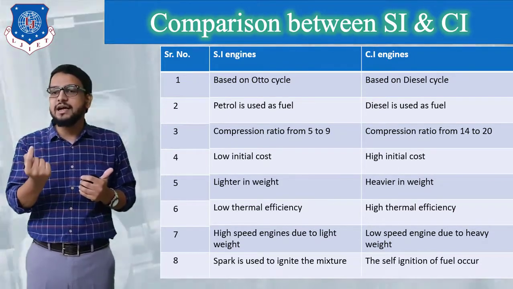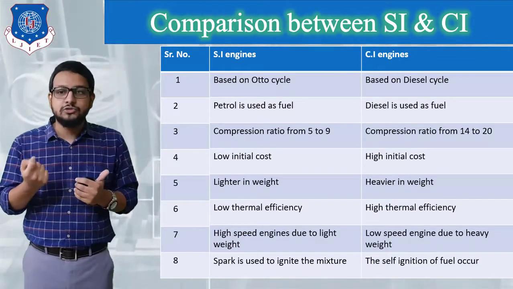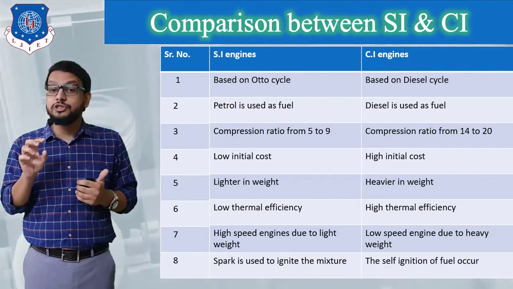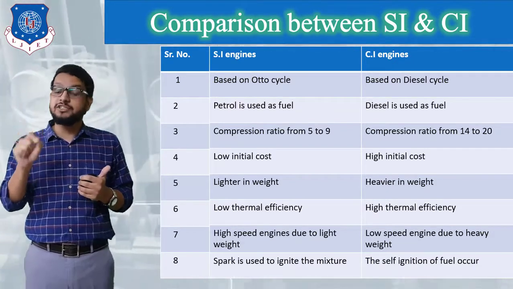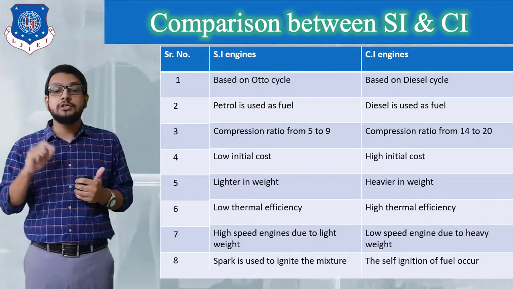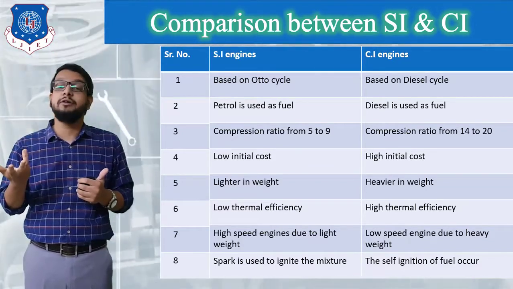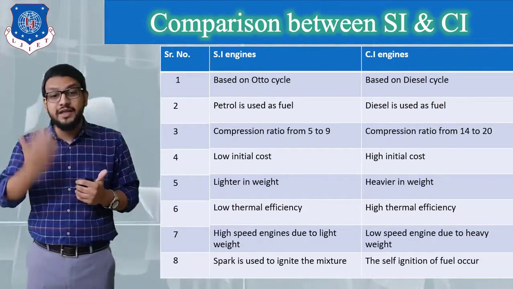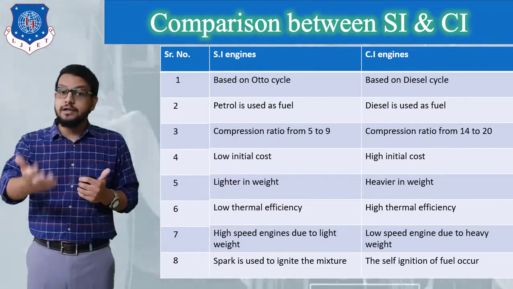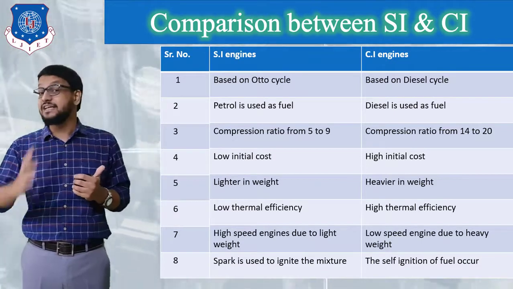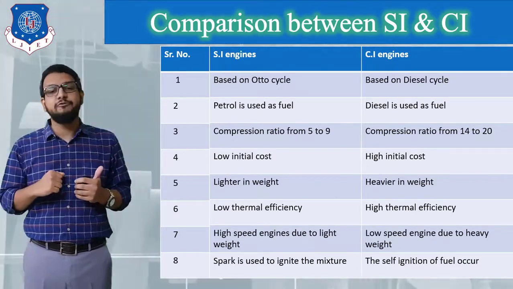Because it is injected in the form of a spray, so it gets mixed evenly, and because of that the unburned portion of diesel will be much lesser compared to petrol in a petrol engine. So a large amount of heat energy can be released in the diesel engine compared to the petrol engine. Because of that, we can say that the SI engine, that is the petrol engine, has a low thermal efficiency, whereas the diesel engine has a high thermal efficiency.